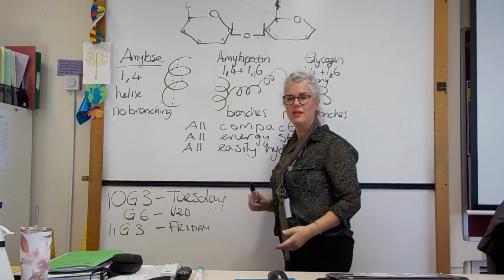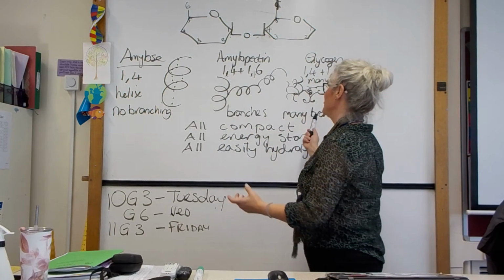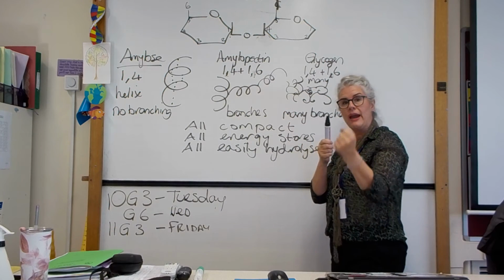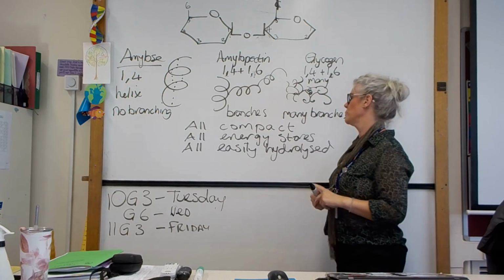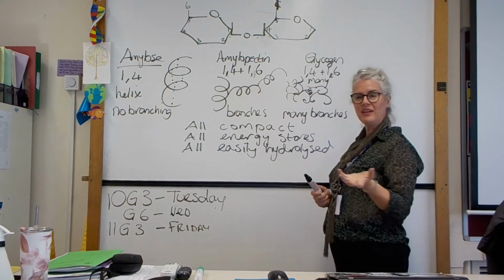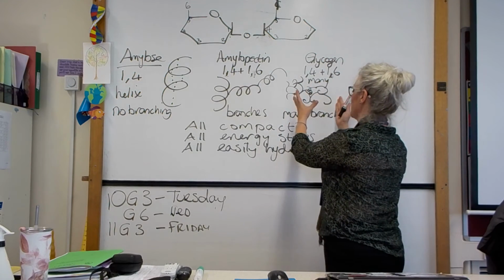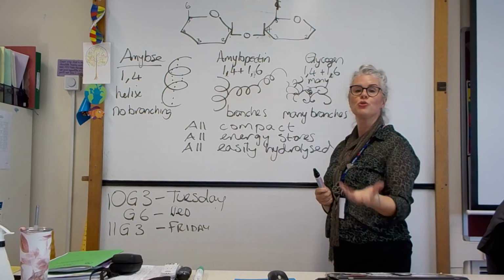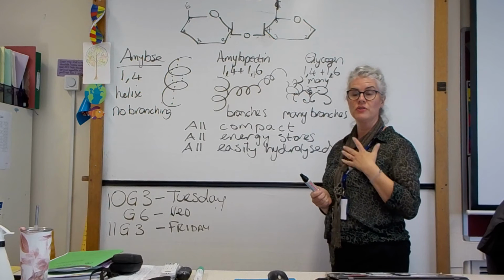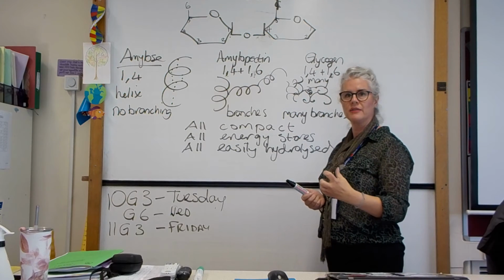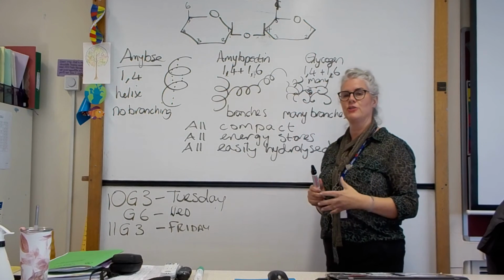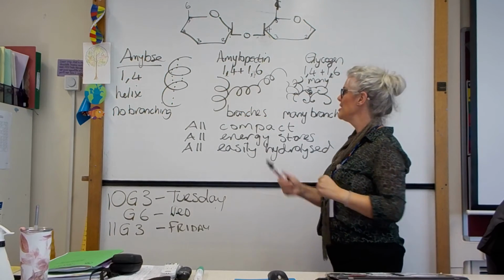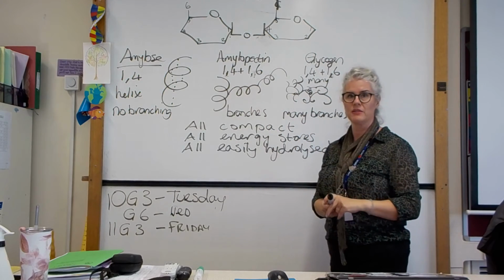Amylose is still hydrolyzed relatively easily, but not as easily as amylopectin and glycogen, just because they've got more branches. The more branches you have, the more attack points you've got for your enzyme. And that kind of stands to reason. If you think about organisms that have glycogen, you've got more potential energy there. If you think about us versus plants, we're more metabolically active. So we need to be able to access that energy much more readily than, say, a plant needs to be able to. Okay? So the structure very much relates to the function.